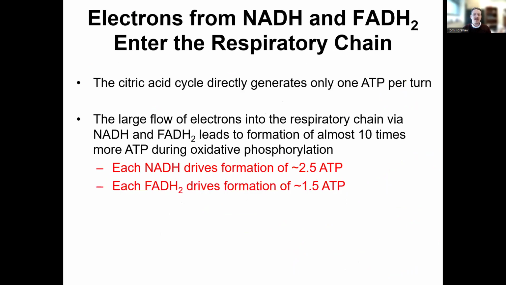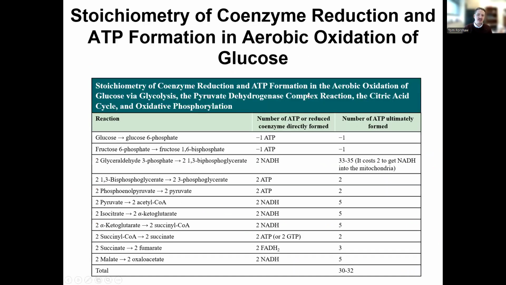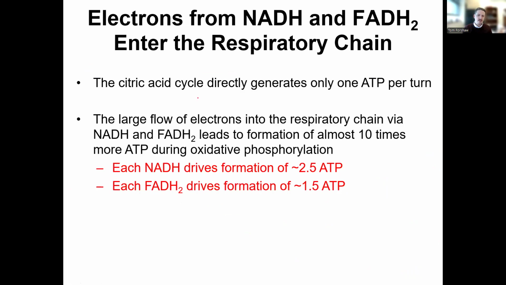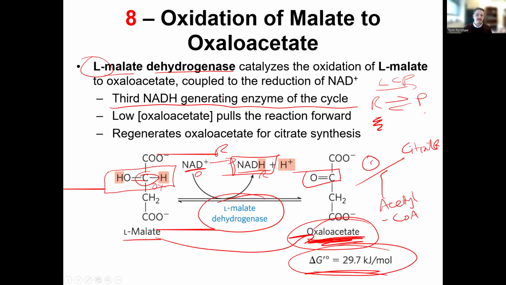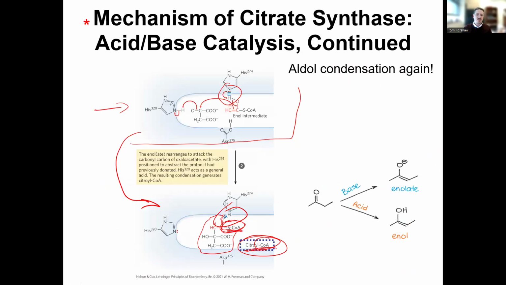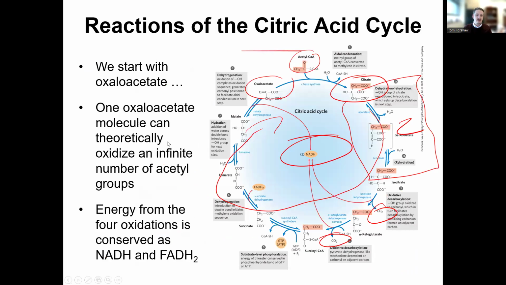So I mentioned the citric acid cycle, oh, where's my pen gone? Citric acid cycle, oh, you know what? Let's go back to here. So we went through all of the steps.